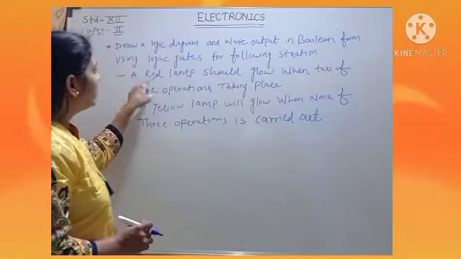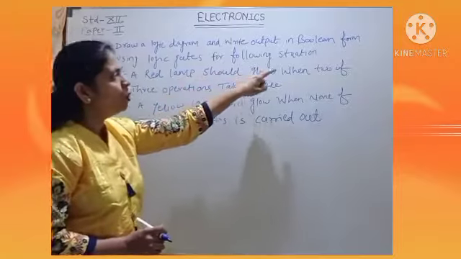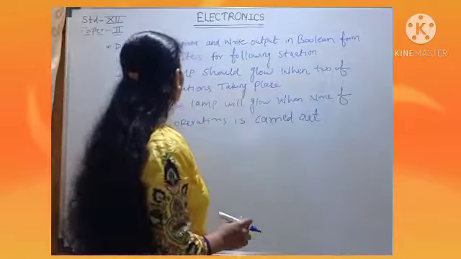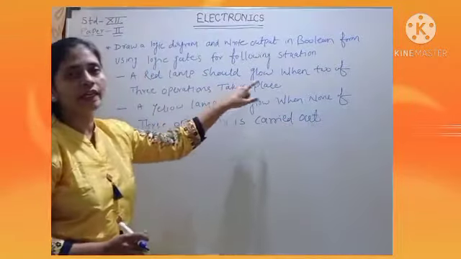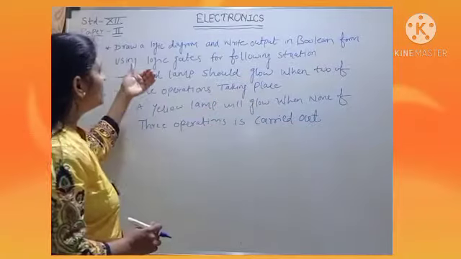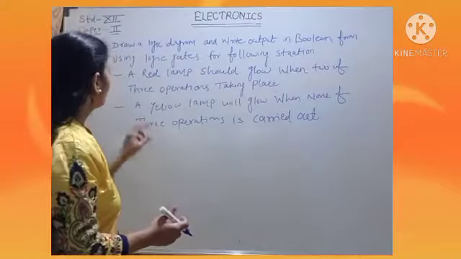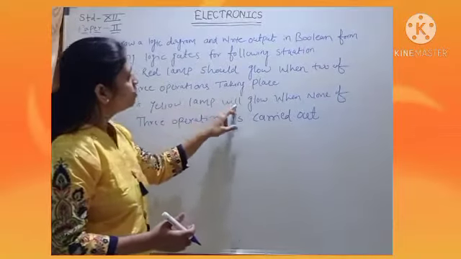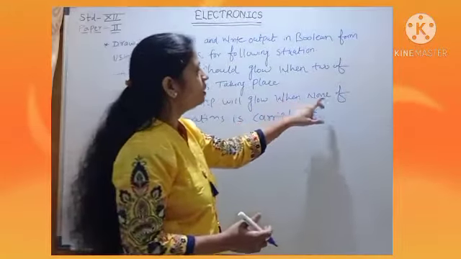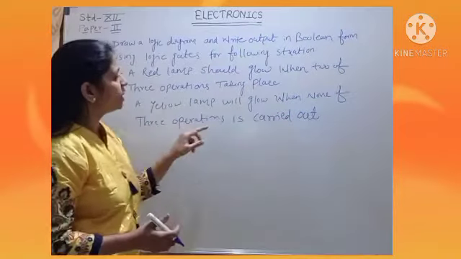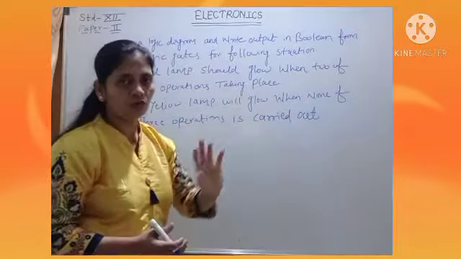First, a red lamp should glow when two of three operations are taking place, meaning any two operations take place and the third one is in the off condition. A yellow lamp will glow when none of the three operations is carried out.